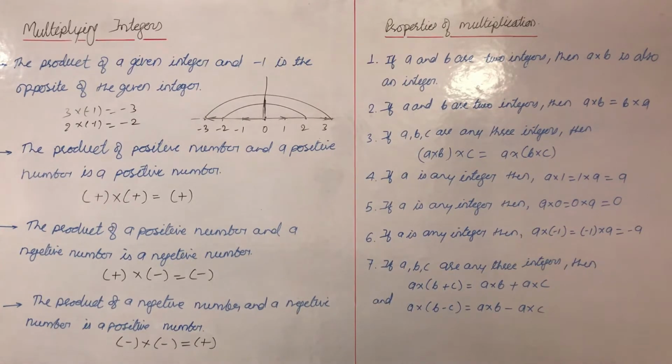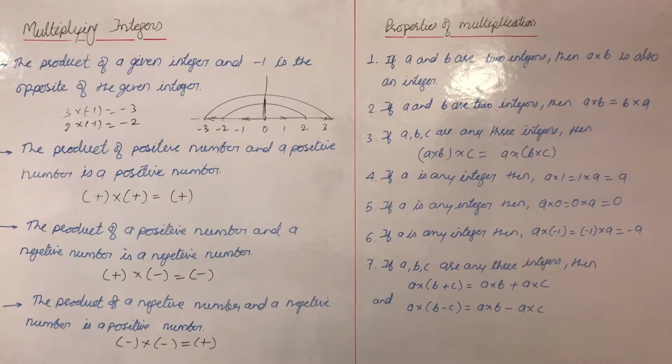Then next, if a is an integer, then a into 1 equals 1 into a equals a, that integer itself. Fifth property, if a is an integer, then a into 0 equals 0 into a equals 0. Multiplication of any integer and 0 is always 0.